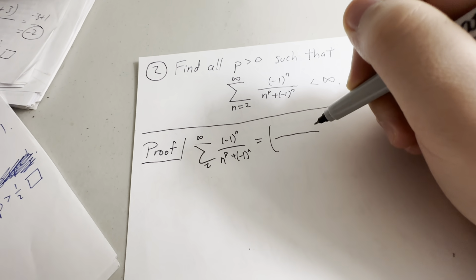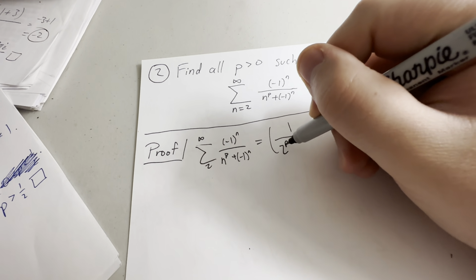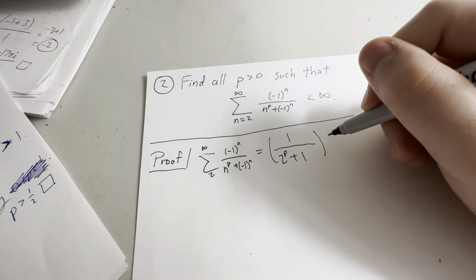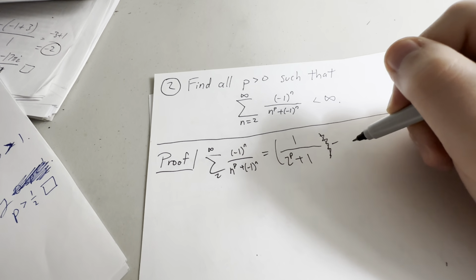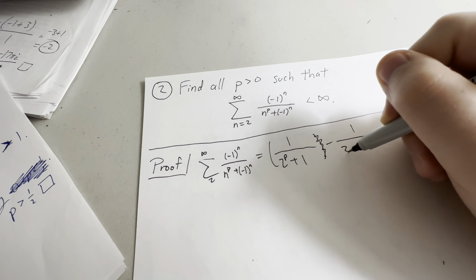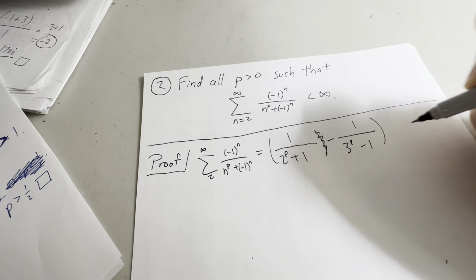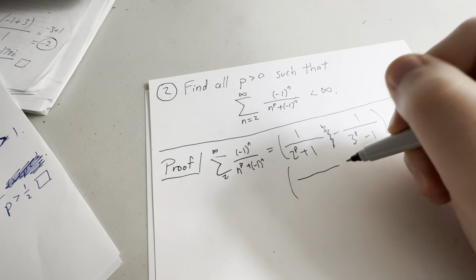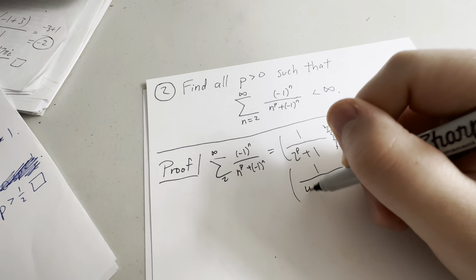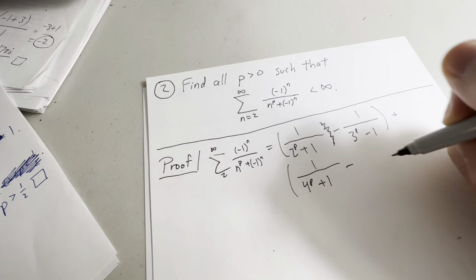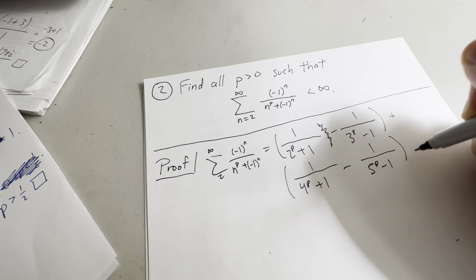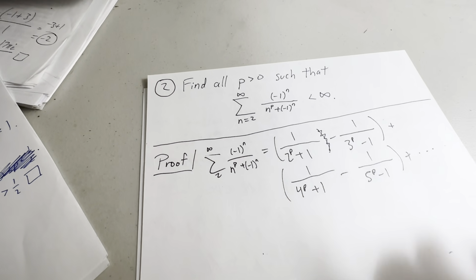So the first fraction is going to be 1 over 2 to the p, plus 1, minus 1 over 3 to the p, minus 1, plus, and then we'll do another term here just to illustrate my point: 4 to the p plus 1, minus 1 over 5 to the p minus 1, plus so on and so forth.